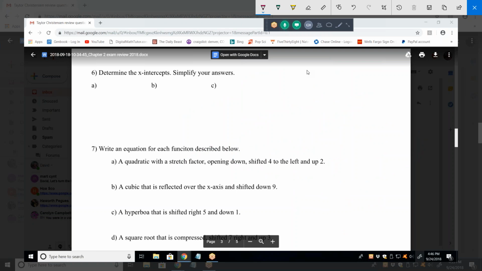So for B, it's y equals open parentheses x plus 4 close parentheses to the power of 2 minus 48.